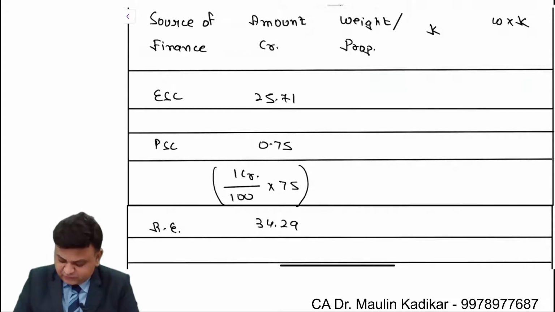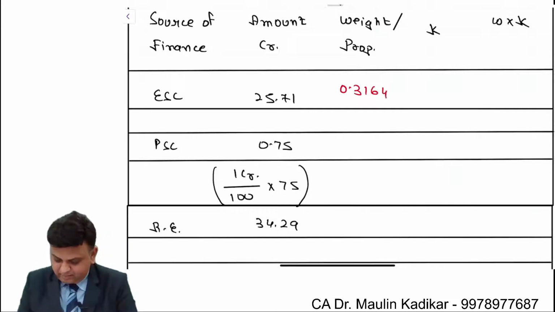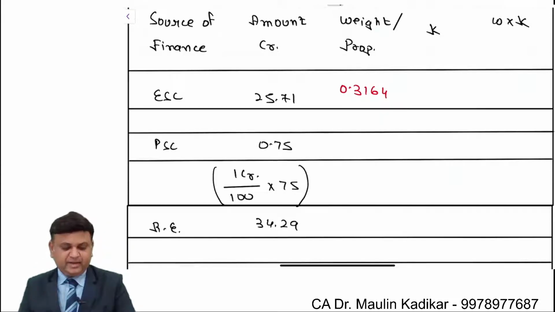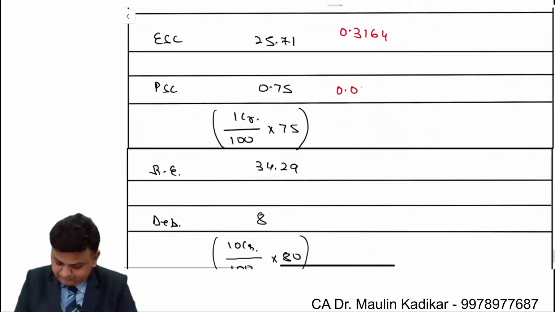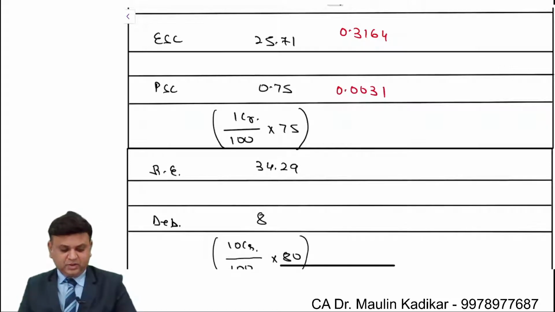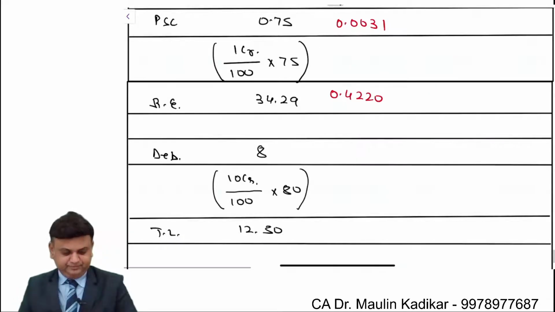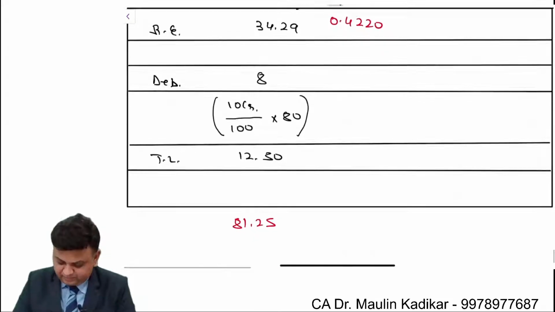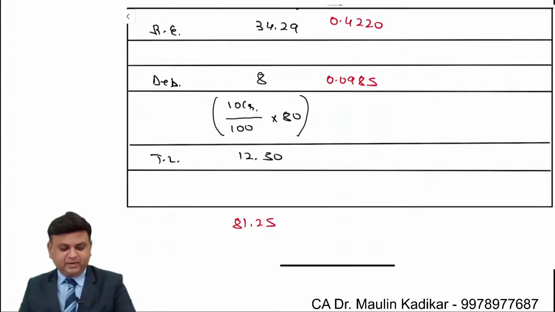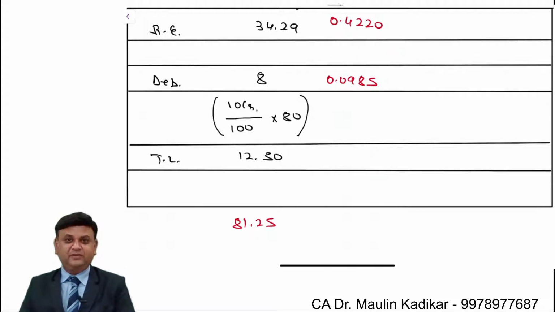It is 0.3164. 0.25 divided by 81.25, 0.0031. 34.29 divided by 81.25, that is 0.4220. 8 divided by 81.25, 0.0985. 12.5 upon 81.25, 0.1538.